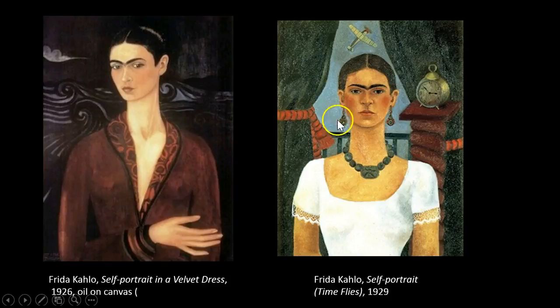Her earrings are in a Spanish colonial style, and she is wearing a peasant blouse, so we start to see a little bit of that transformation into the Mexican style of dress that she started to incorporate in her paintings.